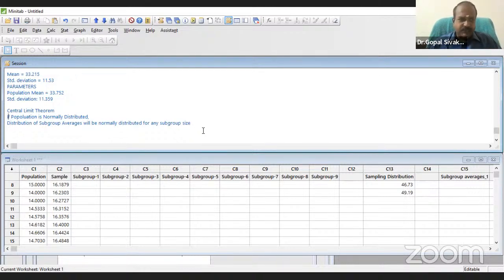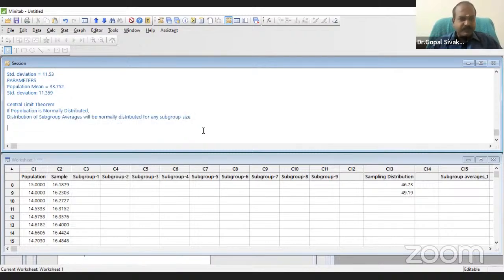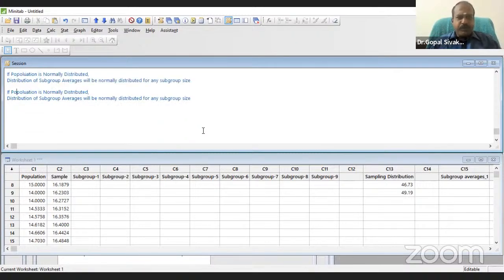Now comes another situation. If population is not distributed normally, then also the distribution of subgroup averages will be normally distributed with sufficiently large subgroup size.